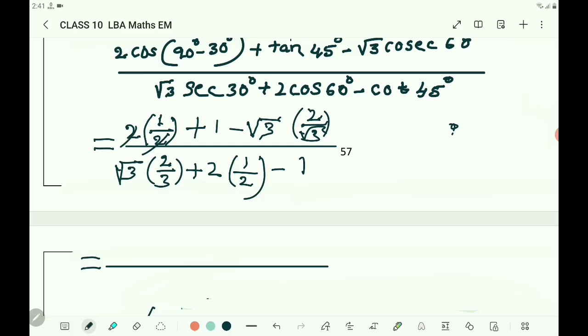You can cancel 2. So here what is remaining? 1. Right, 1. Then plus 1.